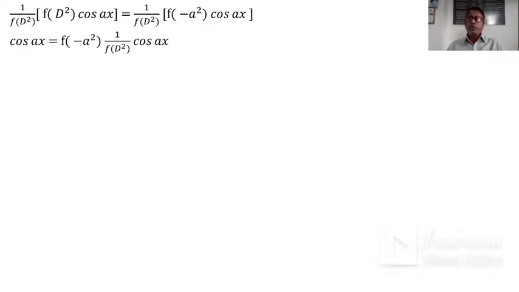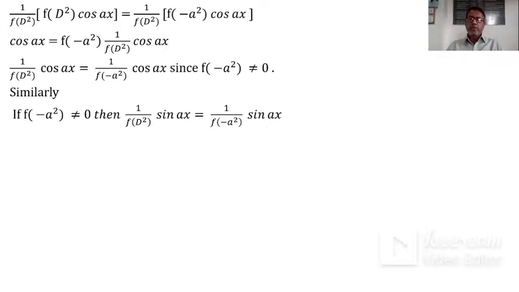Therefore, if we divide both the sides by f of minus a square, then we obtain our result: 1 upon f of D square operate on cos ax is equal to 1 upon f of minus a square into cos ax, since f of minus a square is not equal to 0.